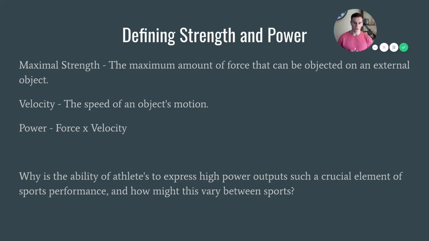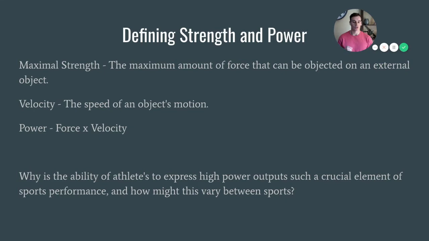So the ability of an athlete to express that power is a crucial element of sports performance. It doesn't matter what the sport is, whether it's football, rugby, any team sport like that, or an individual sport such as sprinting, hurdling, long jump, or javelin.